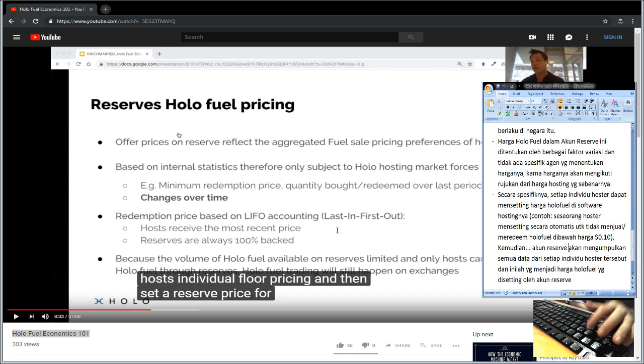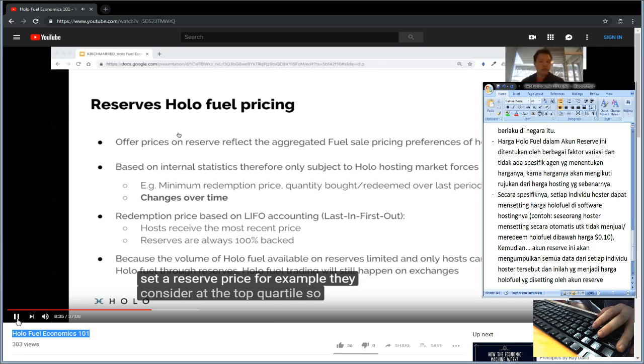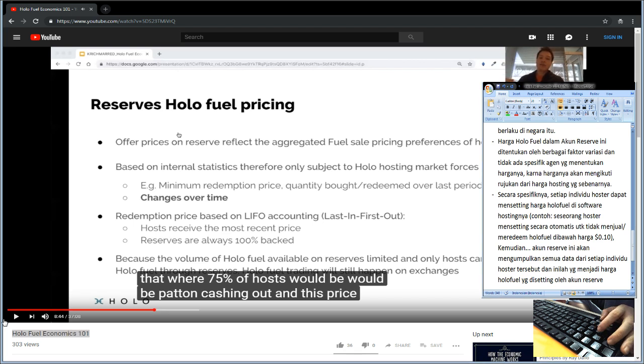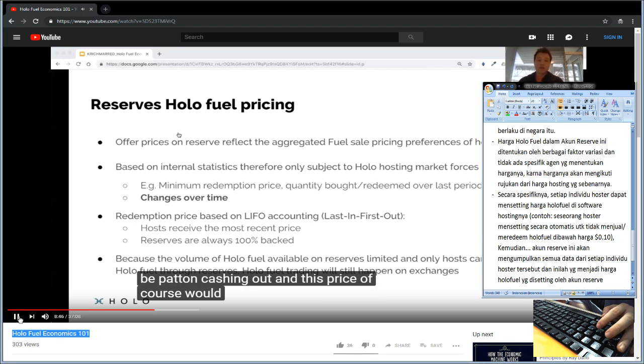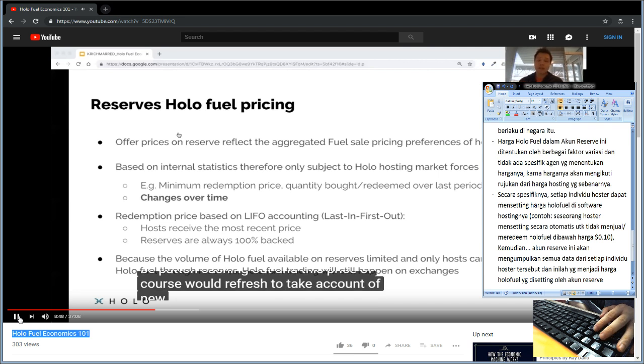Then this reserve will collect all data from each individual hoster, and this becomes the average price. They consider the top quartile. So a price where 75% of hosts would be happy cashing out, and this price, of course, would refresh to take account of new data.